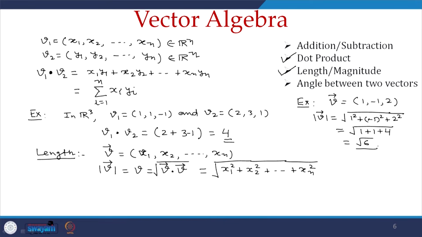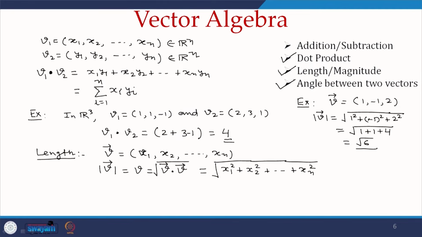This comes out to be square root 6. Okay. If the length of a vector is 0, then the vector is the zero vector. For a non-zero vector, the length or magnitude will be greater than 0.